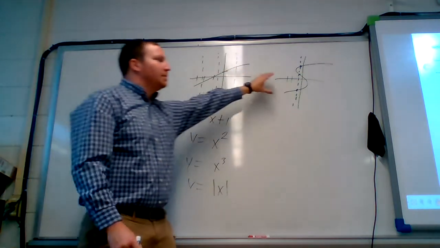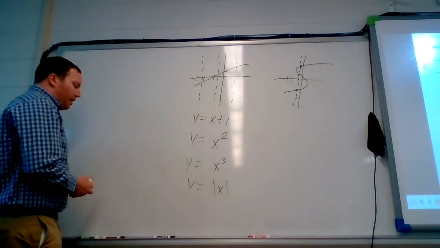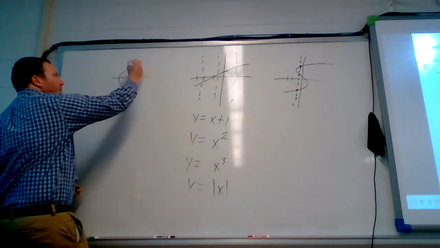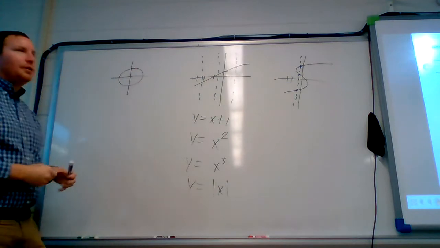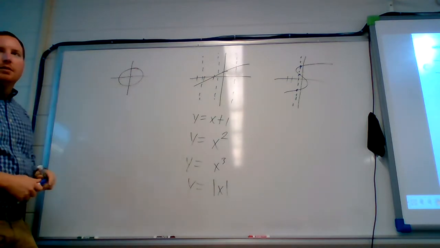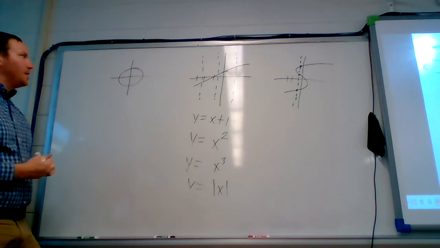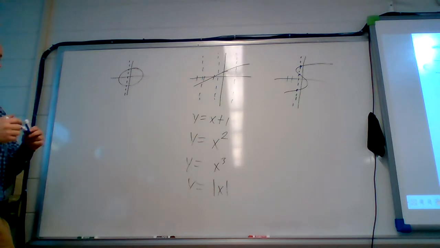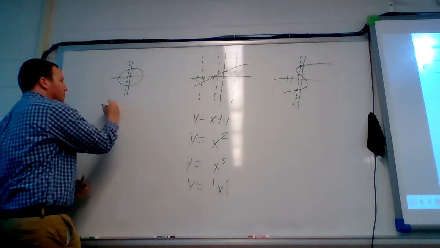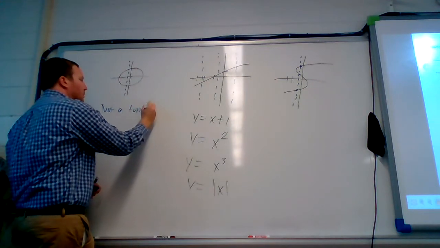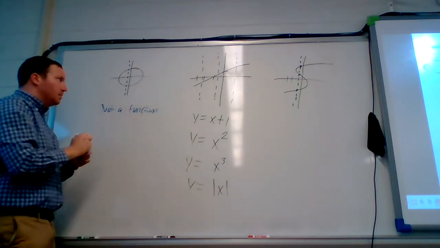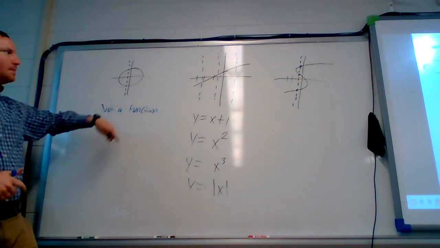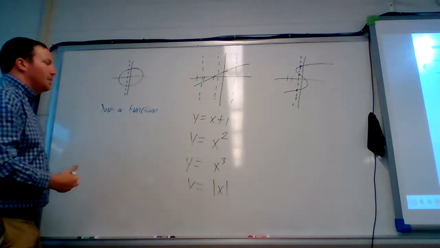So these could be our examples. Or you can draw really anything. Right? We have a circle on our graph. Would that be a function or not? If I draw a vertical line through here, do I touch more than once? Yeah, I do. So this is not a function. So that could be an example. Again, anything where we do not cross more than once.